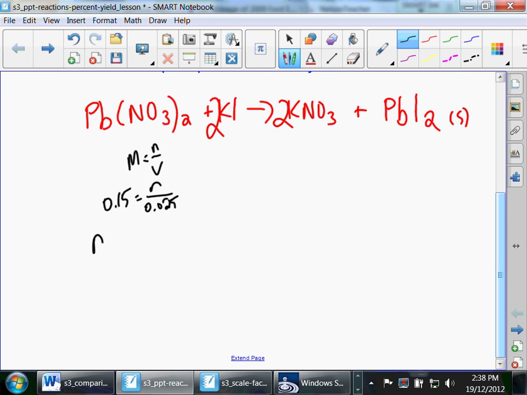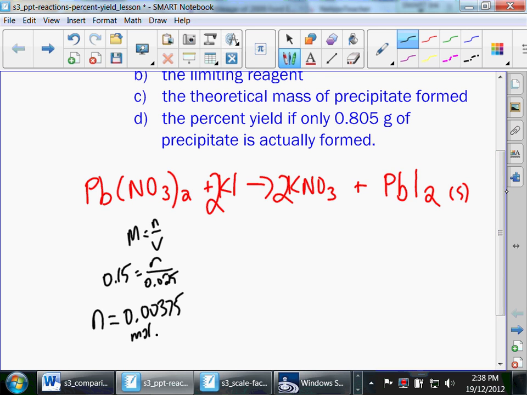So now the number of moles is whatever that times that is. So 0.15 times 0.025 gives us 0.00375 moles of lead nitrate.